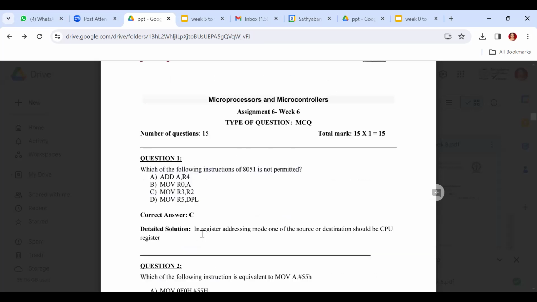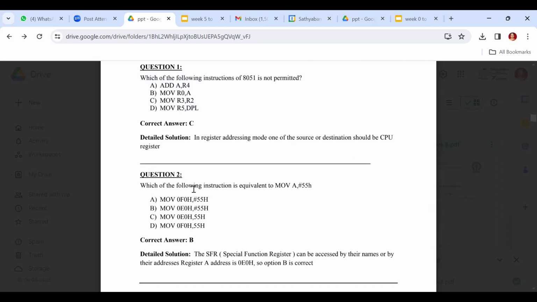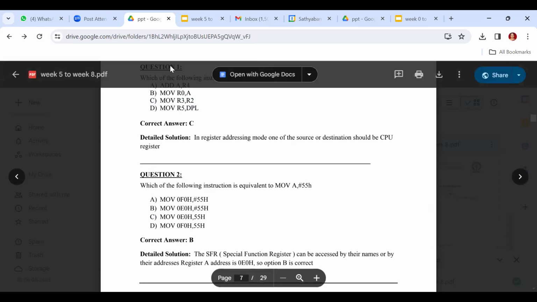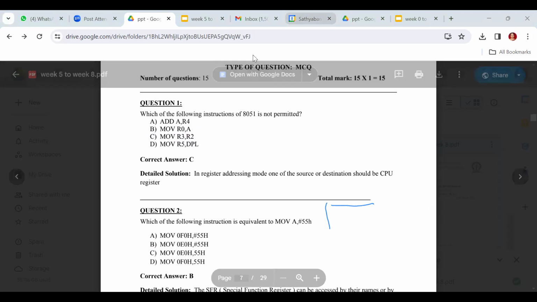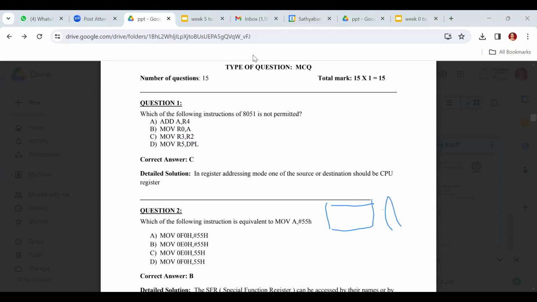That you remember. Then, which of the following instructions is equivalent to MOV A, #55? MOV A, #55, you always remember the meaning of that: my accumulator value is 55. Are you clear?